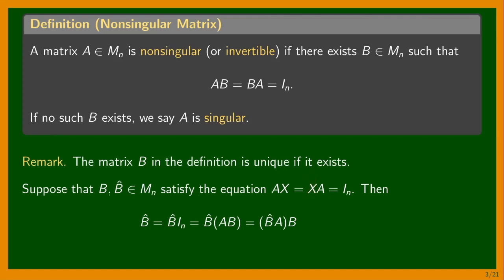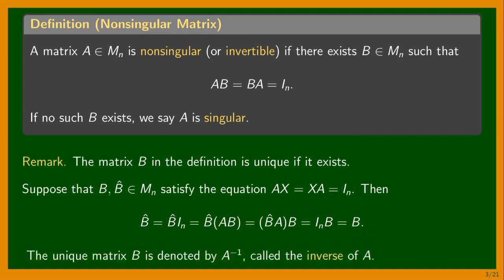Therefore, we can write this product as the identity matrix In times B. Finally, this is equal to B. So whenever there are matrices B and B hat that satisfy this equation, they are actually the same.